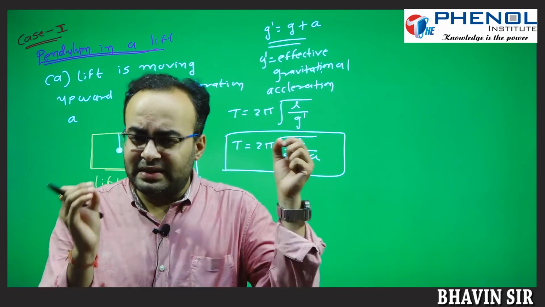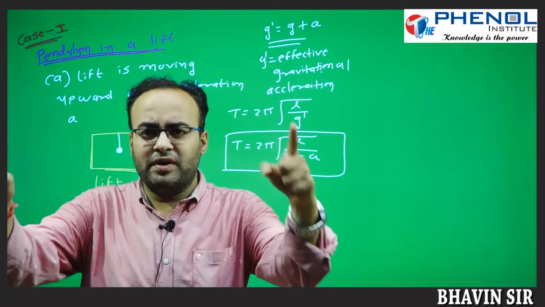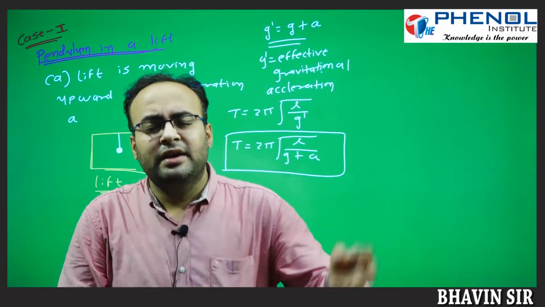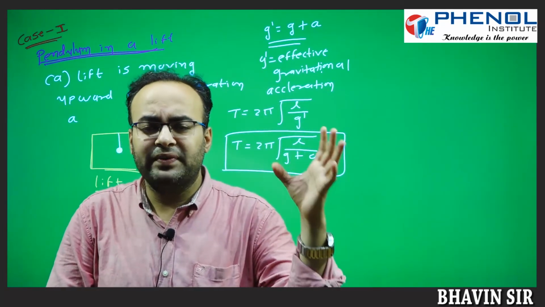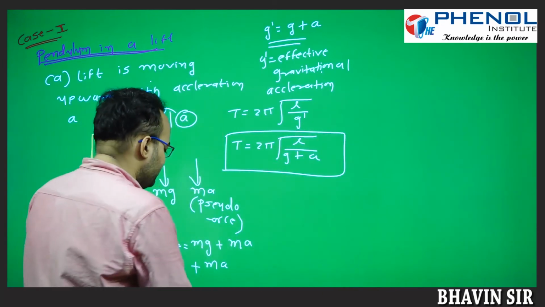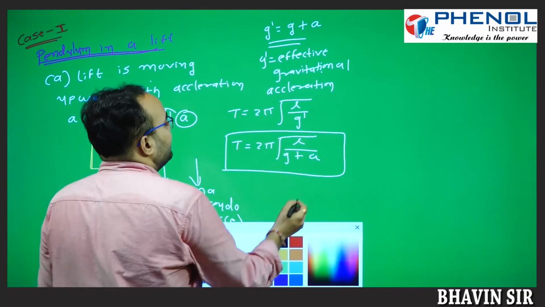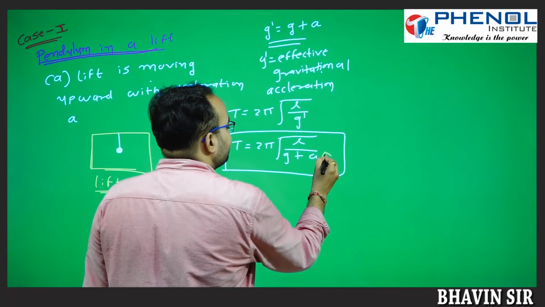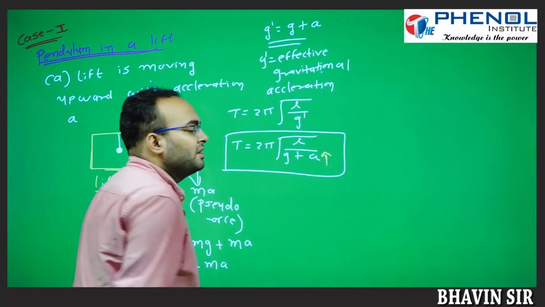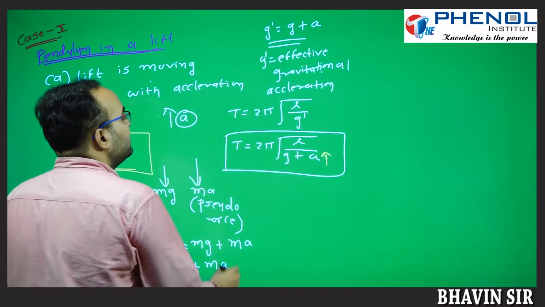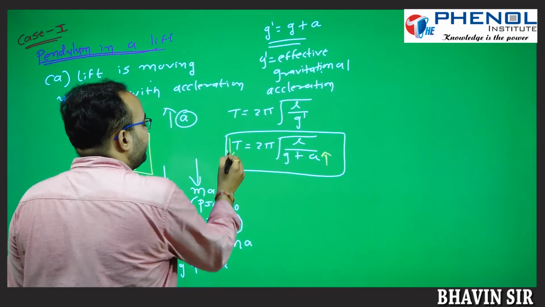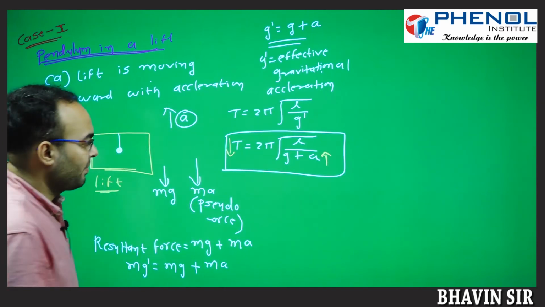If the pendulum is in a lift and the lift is moving upward with acceleration a, then what is the effect on the time period? So see students, here the denominator increased. The denominator becomes g plus a, so the denominator increased, which means the time period decreased.